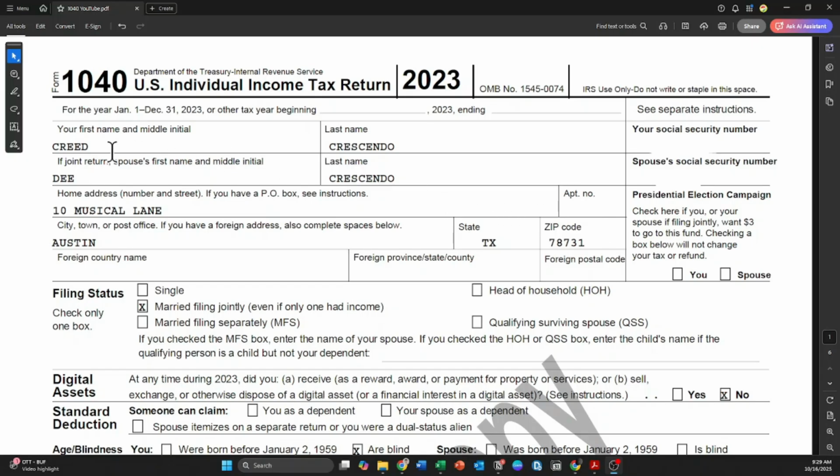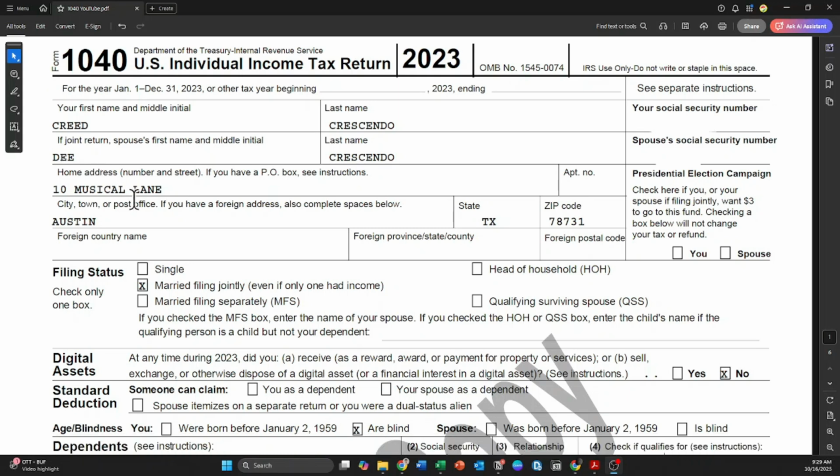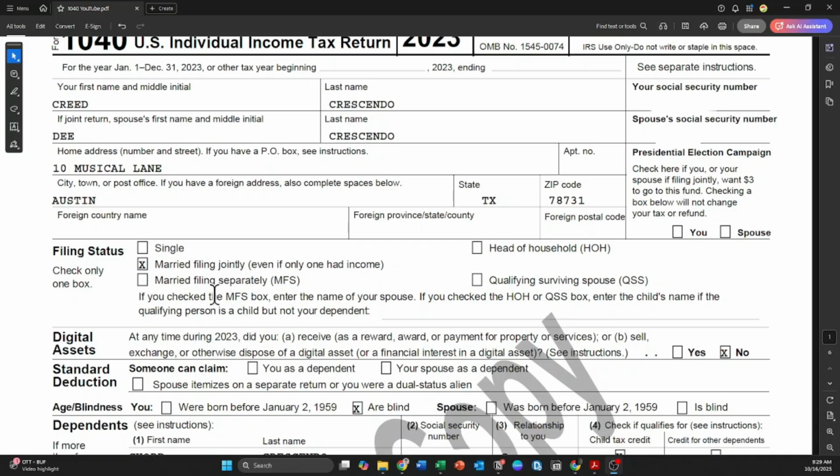In this case, it's Creed, and as we can see, it's a joint return because he's married. His spouse's name is Dee. The address is listed right there. All normal stuff. Filing status is married filing jointly, which makes sense. Obviously, the only other choice he would have in this matter would be married filing separately. That's not anything we have to worry about.